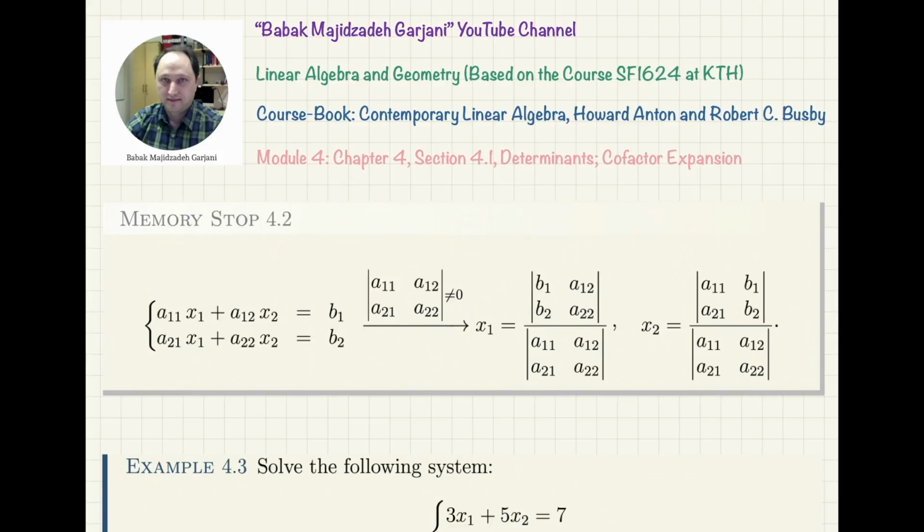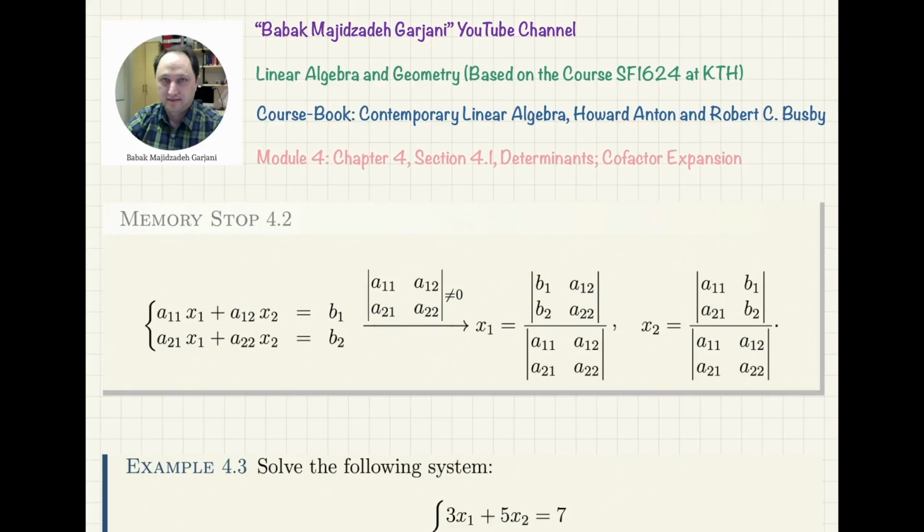But then if you want to find x1, you will replace the first column by b1 and b2 here. But you do not touch the second column. And if you are interested in calculating x2, what you do is that you replace the second column by b1 and b2, and you will not touch the first column. Okay?